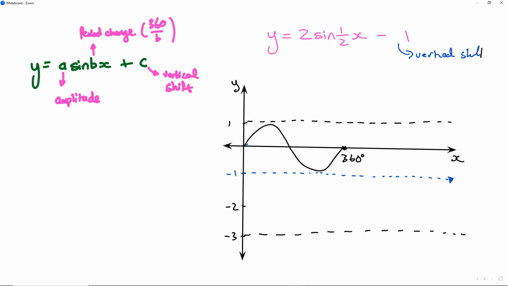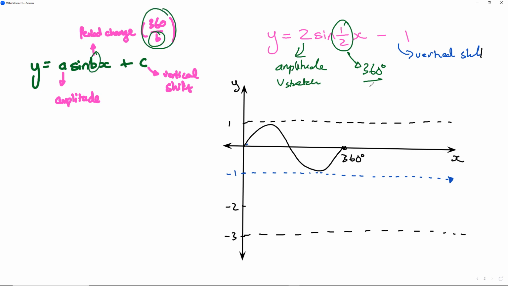Now we've got our highest and lowest point. Remember, that's your amplitude, or vertical stretch. Let's look at a half now. The period is given by taking 360 degrees divided by this number, b.